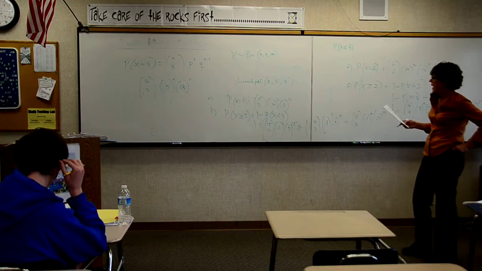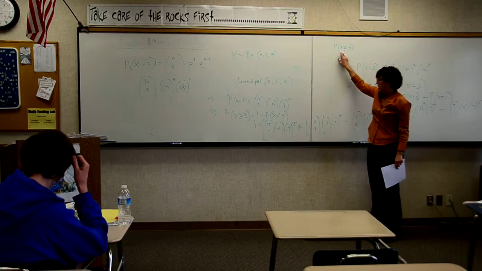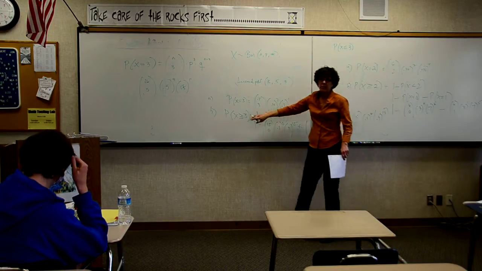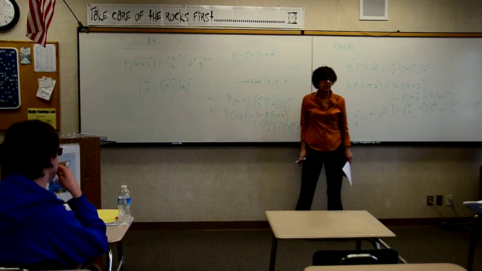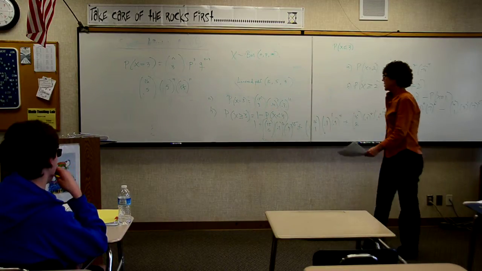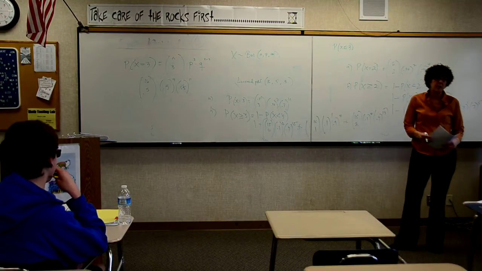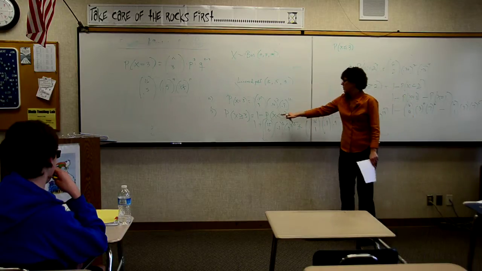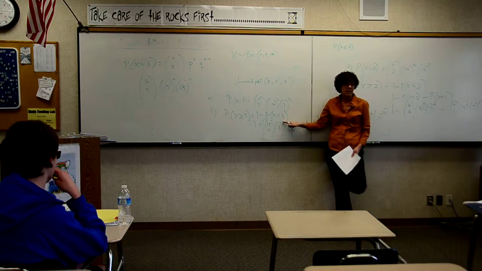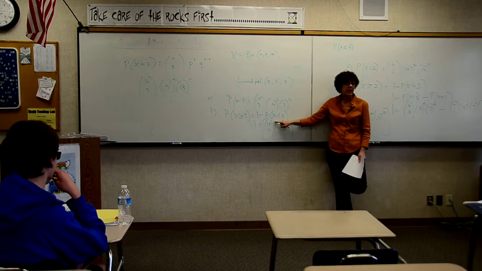Now, how could I use that to do this problem? If I want the probability that X is greater than or equal to 3. Well, it's going to be 1 minus that plus probability that equals 3. Okay, so that's that, right?